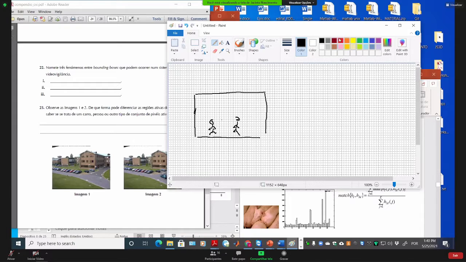You detect them correctly, and then you also have another bounding box located in the window. This is a false positive, or false alarm if you want.